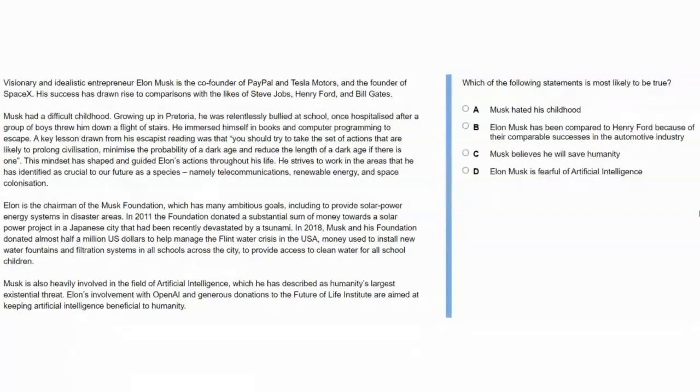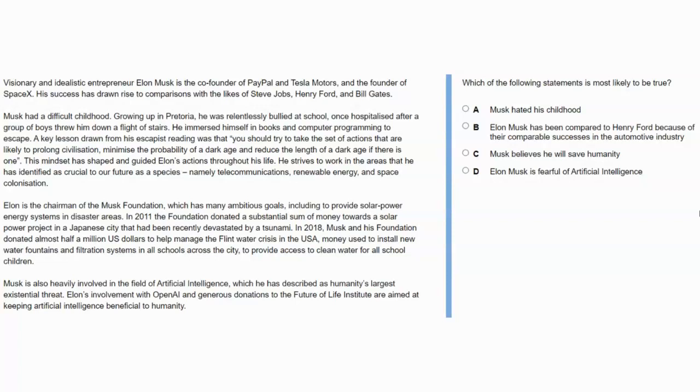The thing that led me to that answer is that Musk had a difficult childhood. Growing up, he was relentlessly bullied at school, once hospitalised. So that's what led me to A. Any others? I also went for A. Rana, why did you go for B?